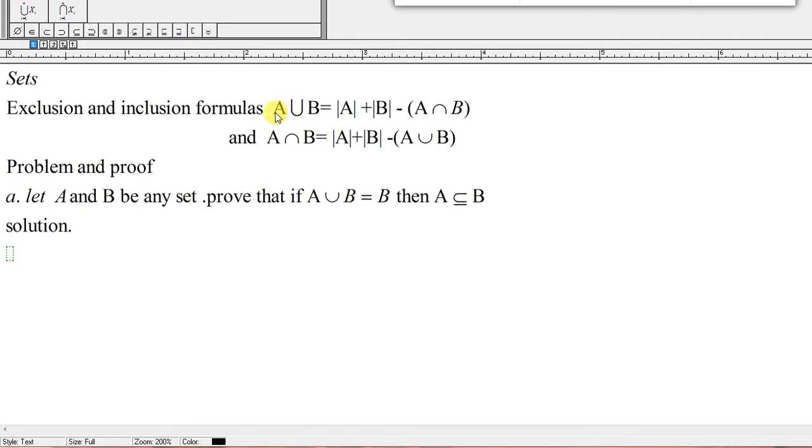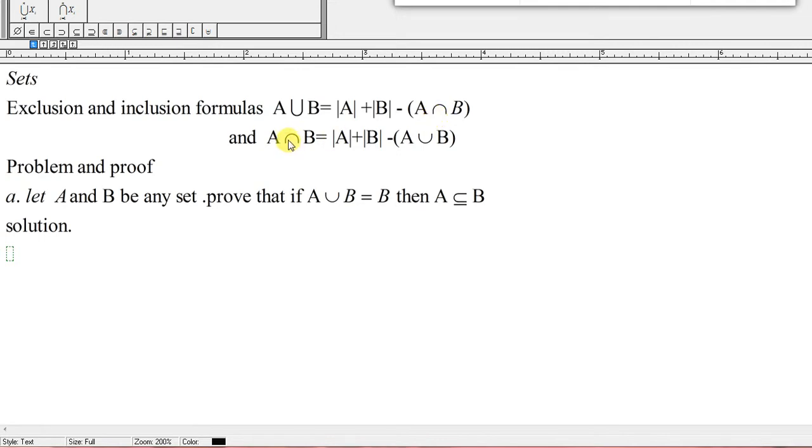If someone happens to give you something like A union B, then you can also write it in the form of the modulus of A plus the modulus of B minus A intersection B. Note that here we have changed the union to intersection.